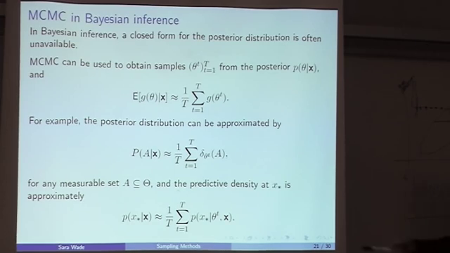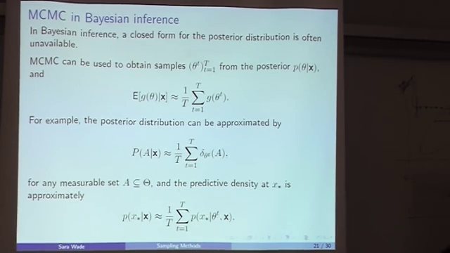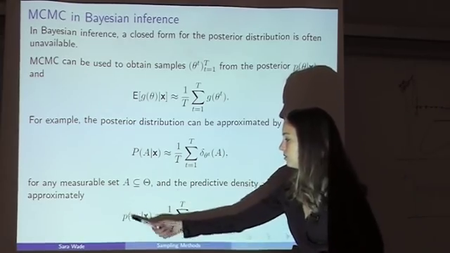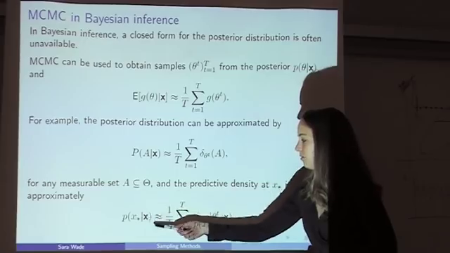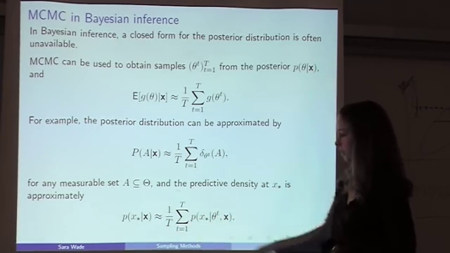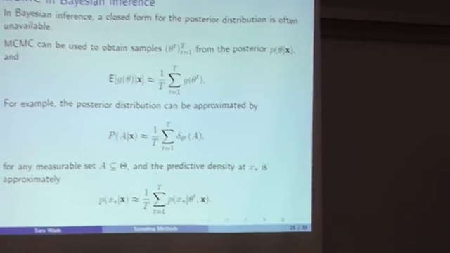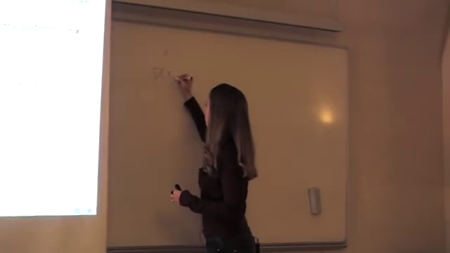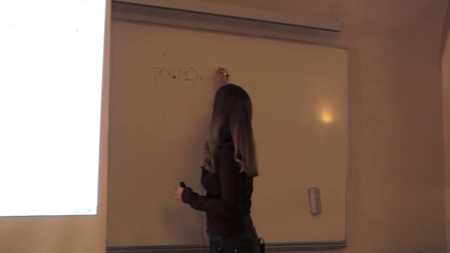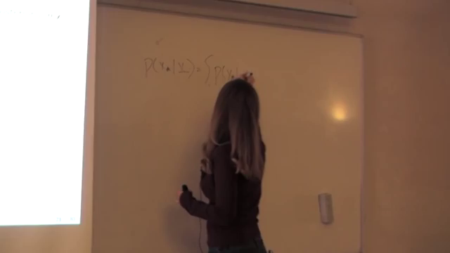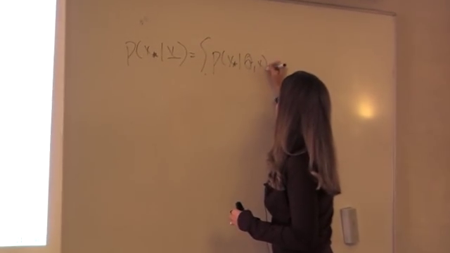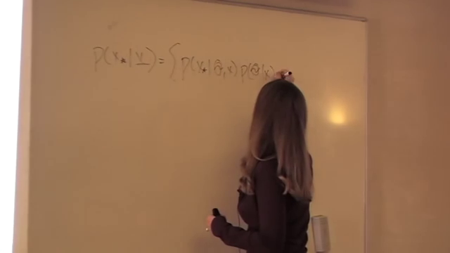And for example, if we're interested in the predictive density at x star, well, this is just equal to the integral of p of x star given x and theta, times p of theta given x, d theta.